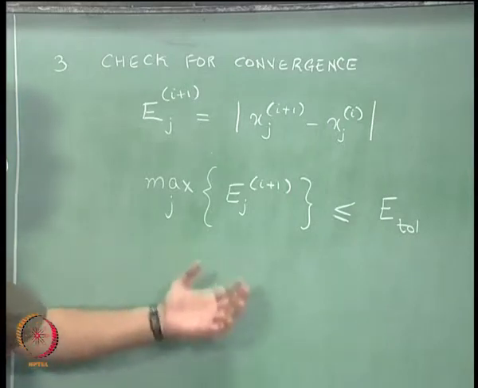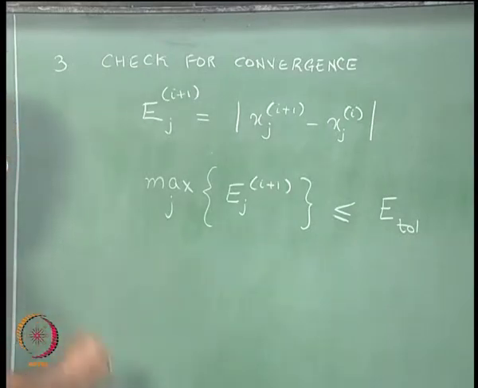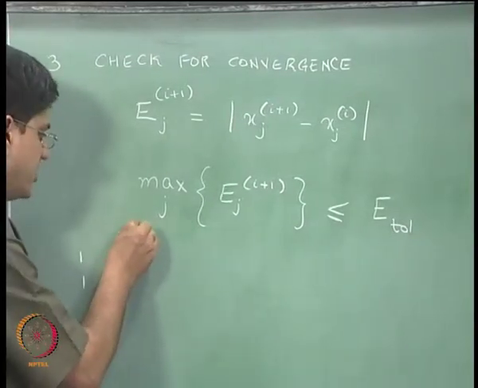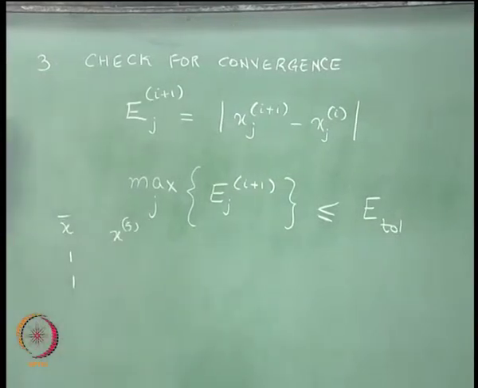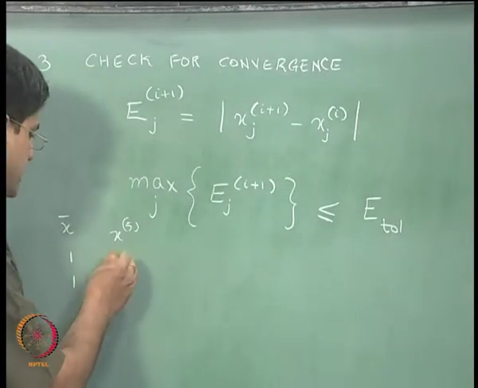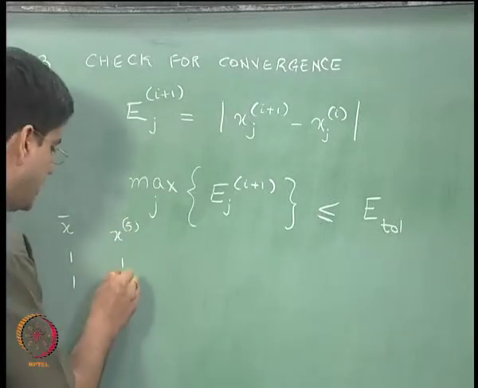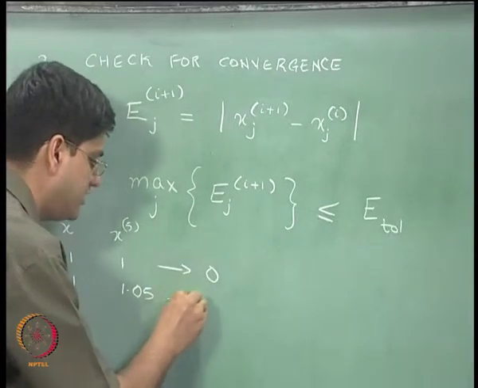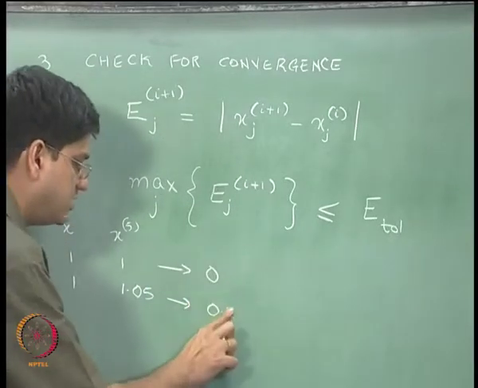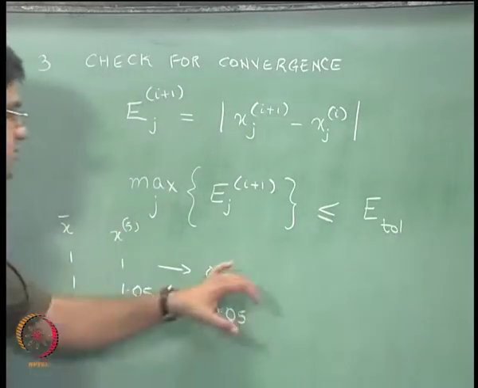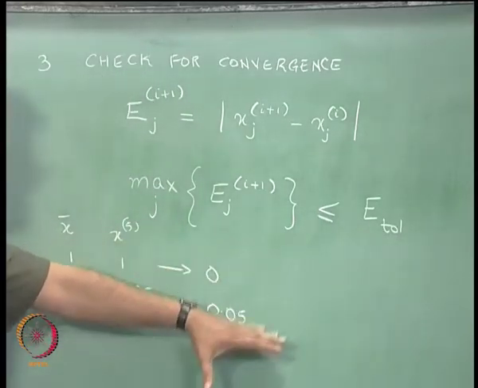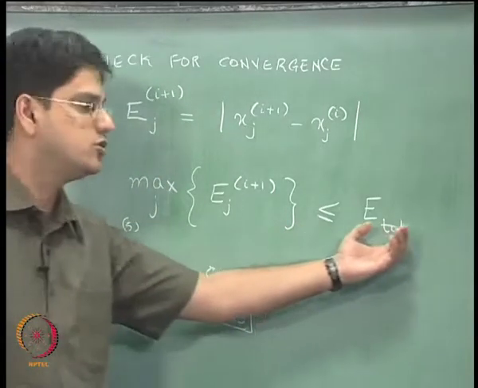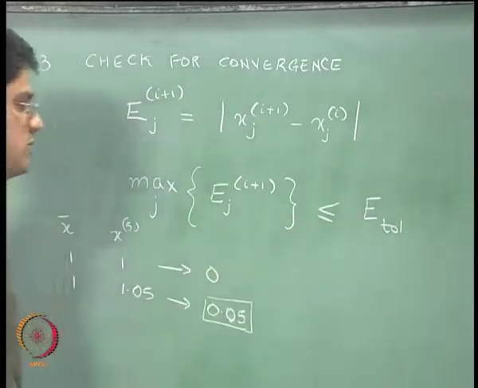For example, if the true solution in two variables is 1 and 1, and let us say that at a certain point x5 turns out to be 1 and 1.05, then the error in the first case is 0, the error in the second case is 0.05, and when we take the max over the errors, the max value is indeed 0.05, which is not going to be less than our tolerance value of say 10 to the power minus 4.